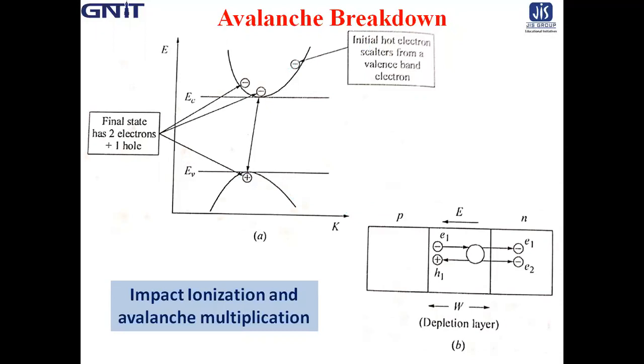Then other free electrons again get sufficient energy and collide with other atoms. So this is a multiplicative process and ultimately a large number of electron hole pairs are generated. In this way, avalanche breakdown occurs, or we get a huge amount of current after a certain amount of voltage, which is called the breakdown voltage.